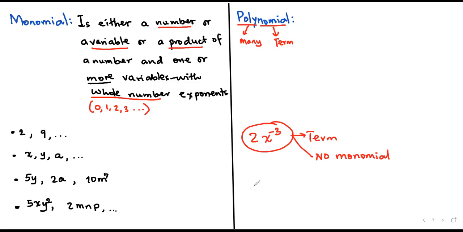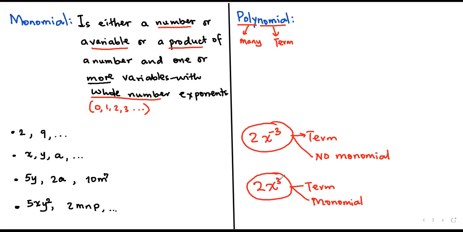Now look, if I have 2x to the power of 3, this is a term, and again, it is a monomial. So this is something that you must understand very well. For a monomial, all the exponents must be whole numbers.